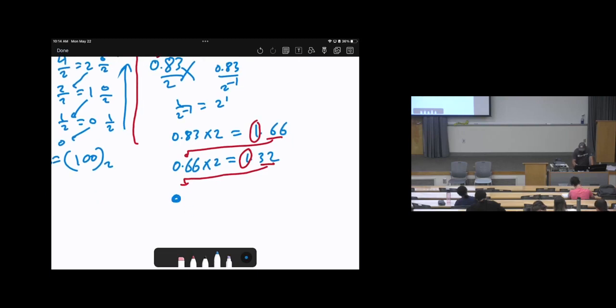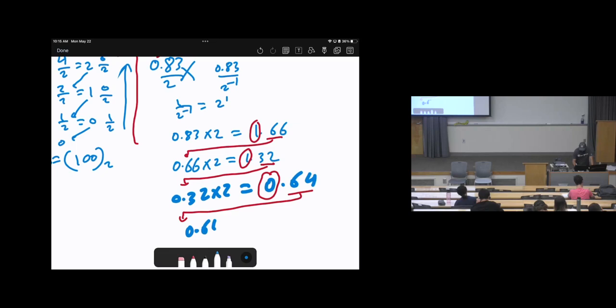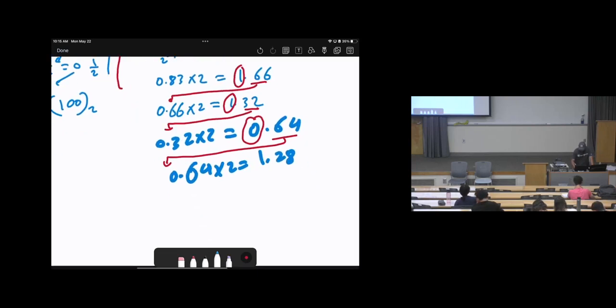Then here, 0.32 times 2 will be 0.64. No integer here, but no problem. Circle the 0. Then take the non-integer part here. So 0.64 times 2 equals 1.28. Then circle the 1.